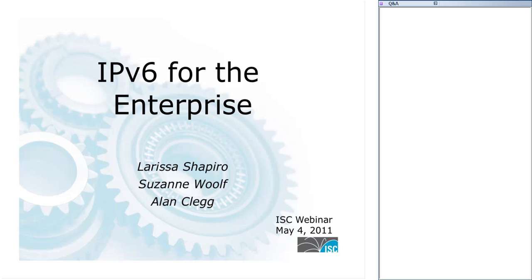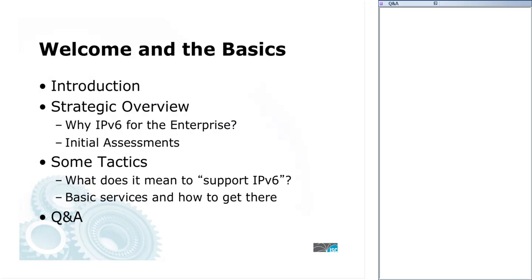So let's see here, just to get us started, a little agenda check. Introduction is what we're doing now, and then we're going to do a strategic overview of why you need IPv6 for your enterprise network and some initial assessments you can do to figure out where you need to go first.